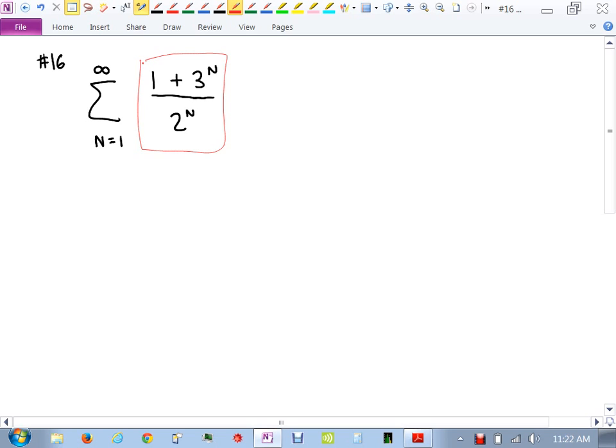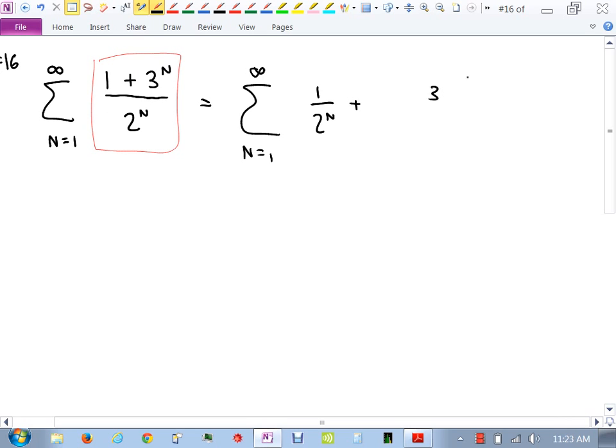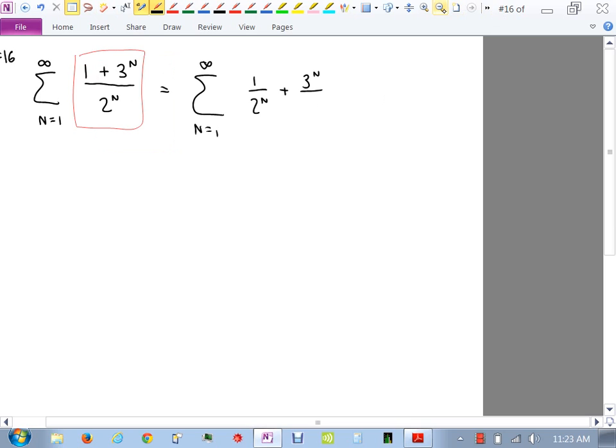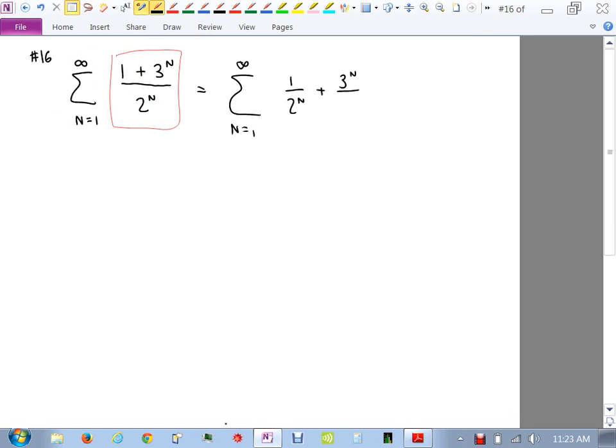Let me try this. Let me split this into two fractions because I have two terms on top, one on the bottom. So it's the sum n equals 1 to infinity of 1 over 2 to the n plus 3 to the n over 2 to the n.